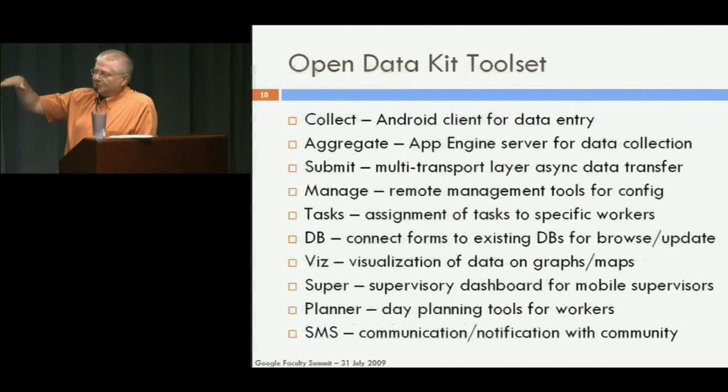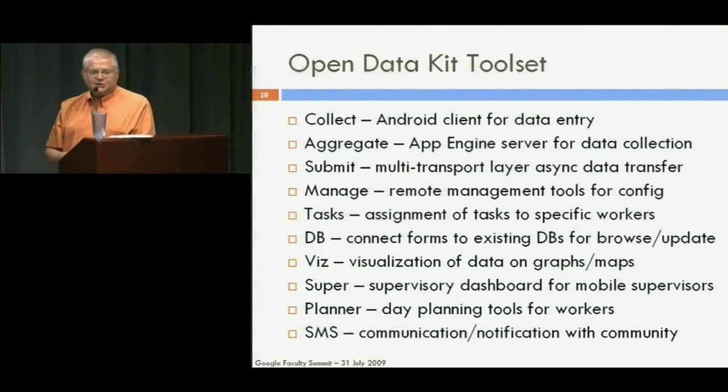I wanted to just give you a sense that Open Data Kit is not just a form system on the phone. That's the top tool, the Collect tool. But then there's the back end on the server that we call Aggregate. There's a Submit tool that does smart transfer of the data using a variety of transport protocols, depending on what's available and what's been historically available for that device.